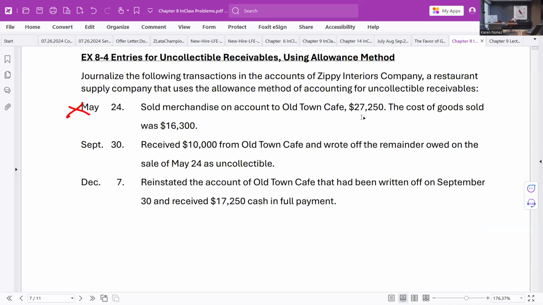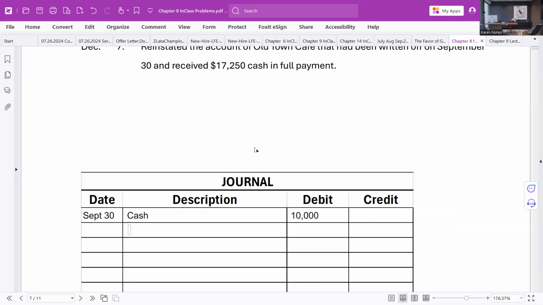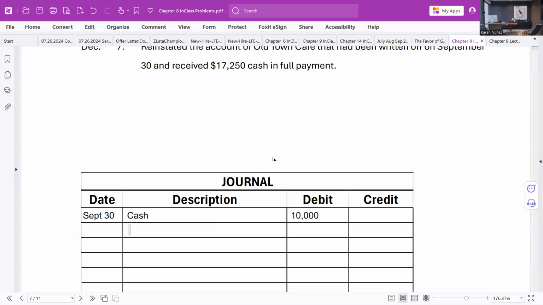The account was 27,250. They're only collecting 10. So the other 17,250, they're not able to collect on. We need to write that off using the allowance method, right? They're using the allowance method for uncollectible accounts. So that means we write off against the allowance for doubtful accounts.